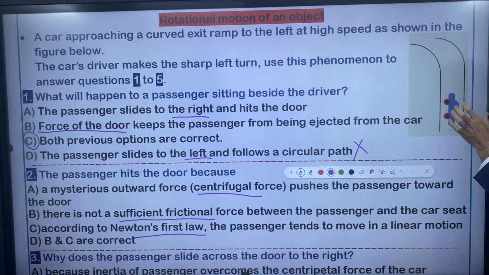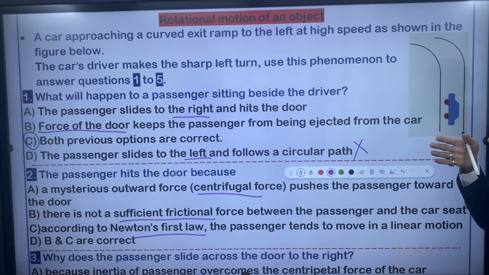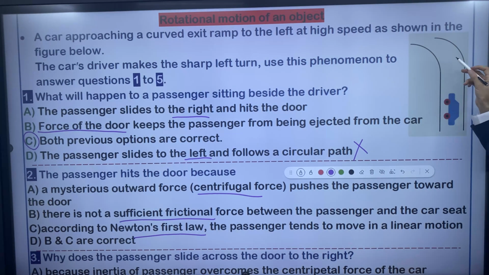That's why the passenger follows a straight path by means of his or her inertia, right? But whenever the car reaches the turn and turns left at a high speed, that's why the person slides to the right because of lack of friction.